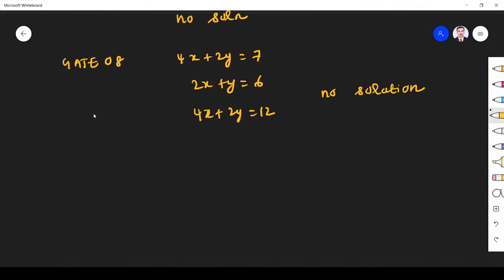In general, if you have a set of two equations, how do you identify whether they have no solution, one solution, or many solutions? If the equation has the form x is equal to 3 or y is equal to 5, then we can say this is a unique solution.